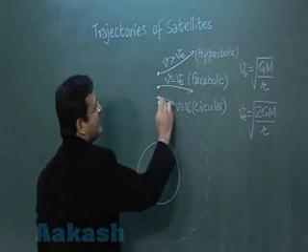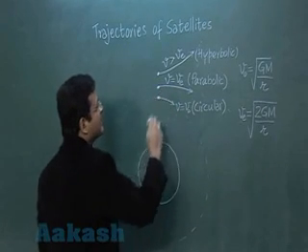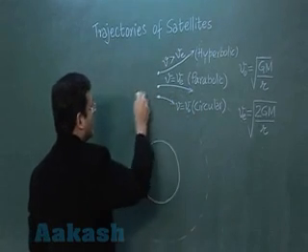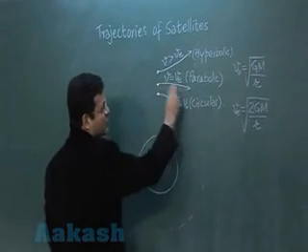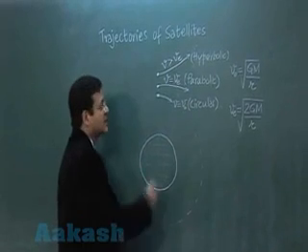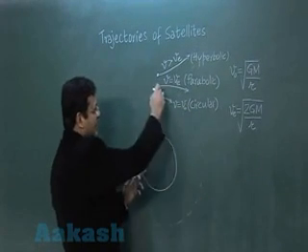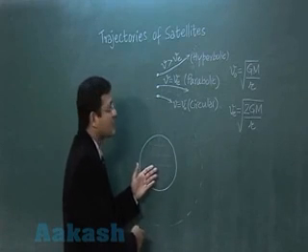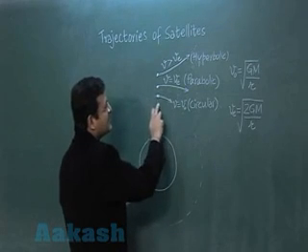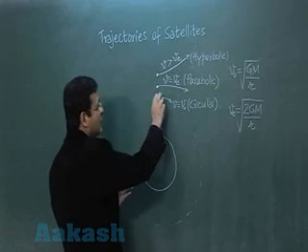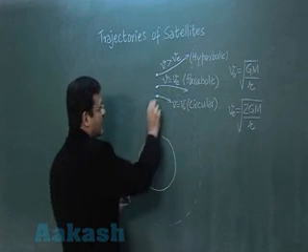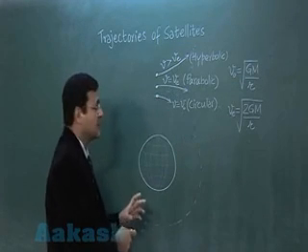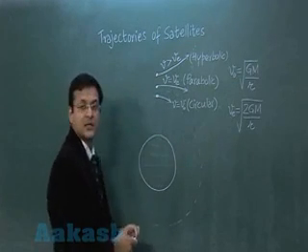If the speed is in between these two, then also it will be making motion around the earth, but that motion will be elliptical. Understand? That motion will be elliptical, and in that case this distance will be less and other side of the distance will be more. And if it is having a speed less than this circular speed, then also it will have an elliptical path, but in that case this distance will be more and this side distance will be less. These are the 5 possible trajectory.